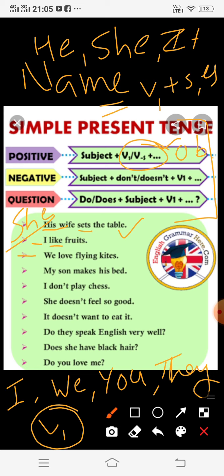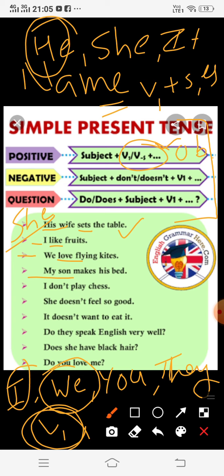Like is the first form, with I. We love flying kites. So we is there, and the first form is alone. My son makes his bed. Son comes in the category of he, so that's why we have added s in the first form. My son makes his bed.